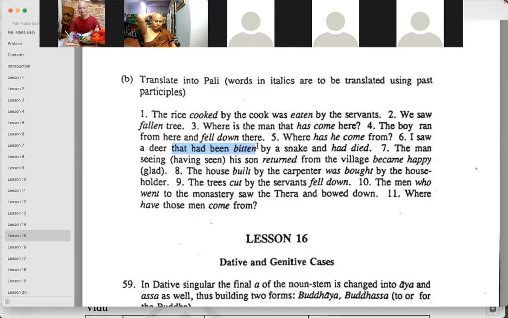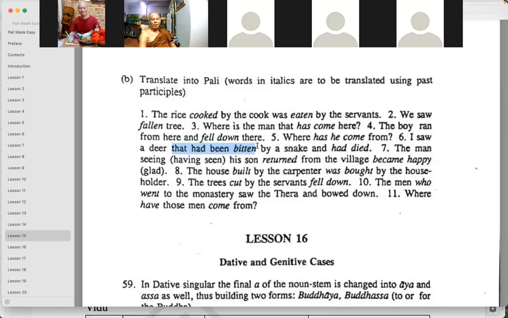Okay, so: I saw a deer, miga. That had been bitten by means dattha. And then by a snake means ahina. And had died means mata.